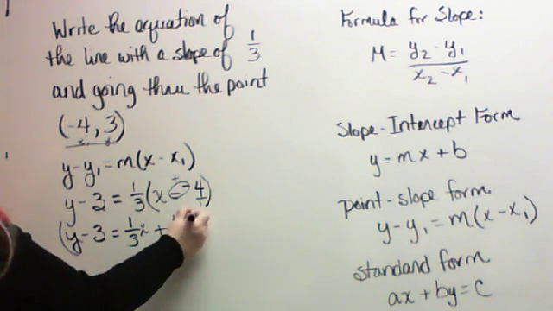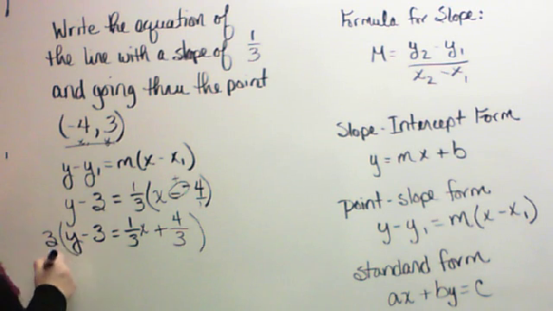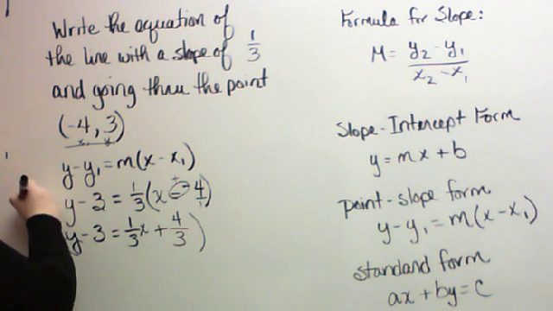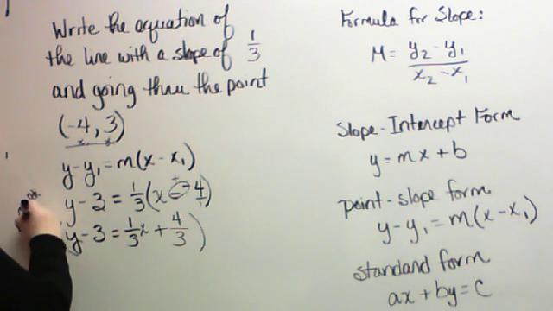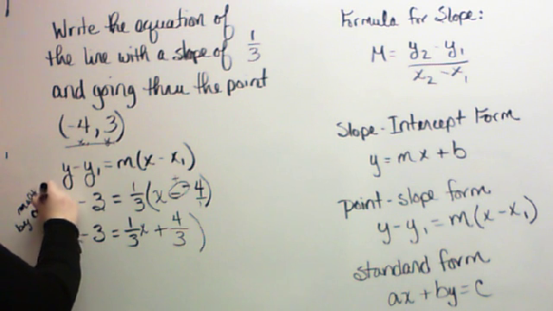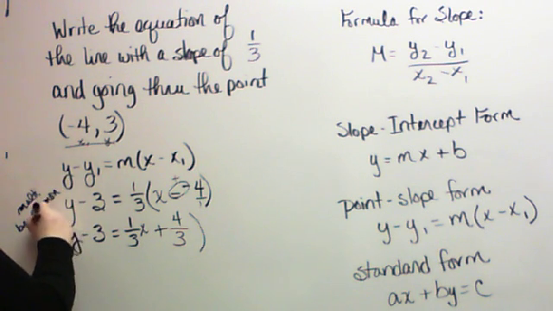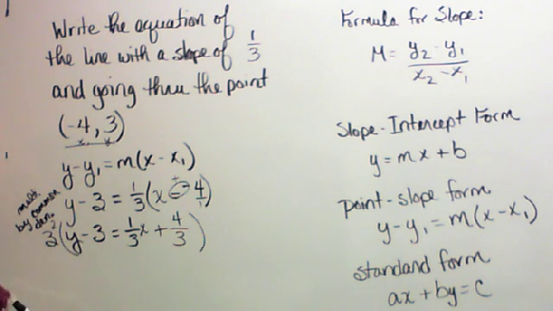My common denominator right now is 3. Multiply by common denominator. And that's a 3. So I'm multiplying everything by 3.